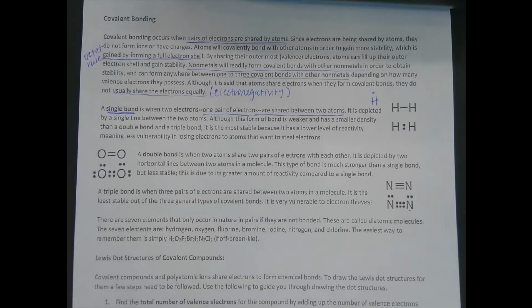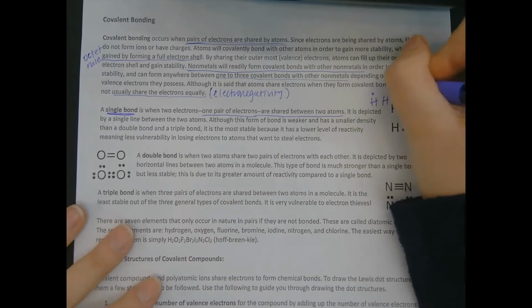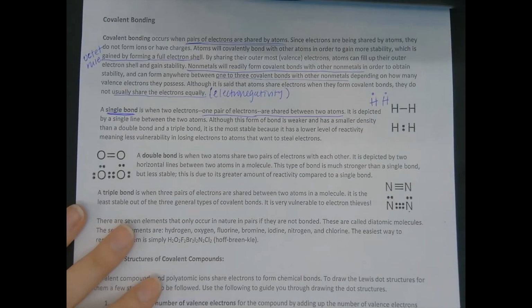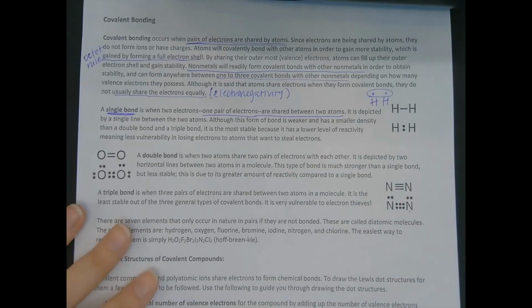So hydrogen's full electron shell is 2 because the 1s orbital can only hold 2 electrons. So if hydrogen forms a bond with another hydrogen, they're both going to share that pair of electrons. And then they're both happy because they both would have 2 because they're sharing them.